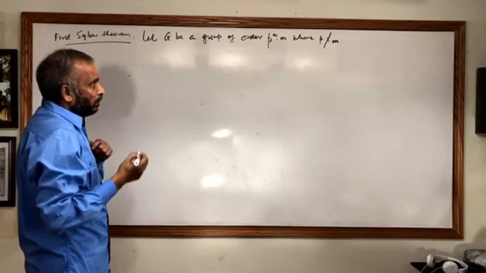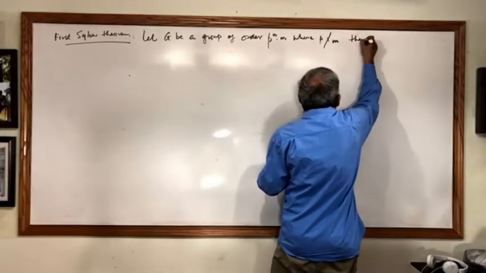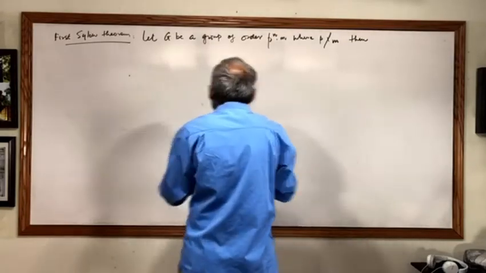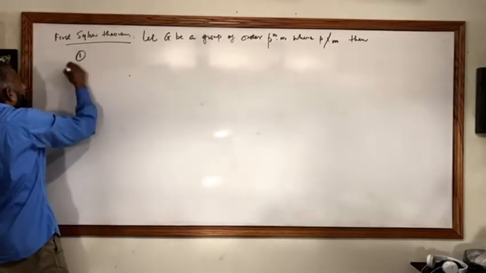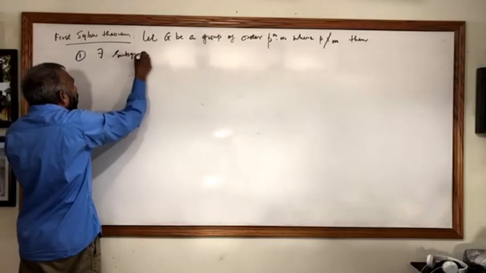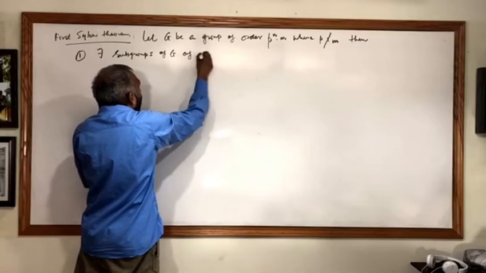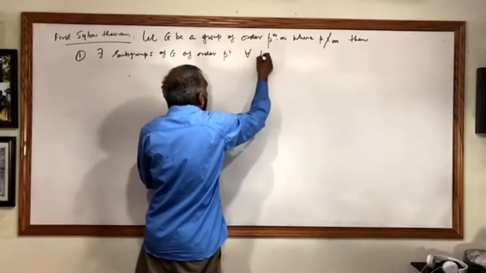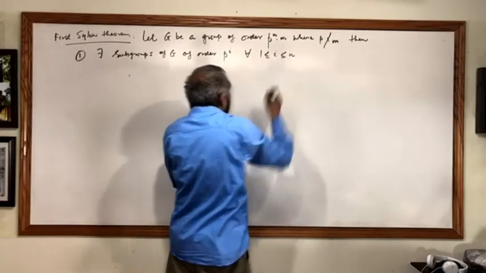P is not a factor of m. Then there exist, the first one, subgroups of G of order P to the power of i for all i from 1 to n.